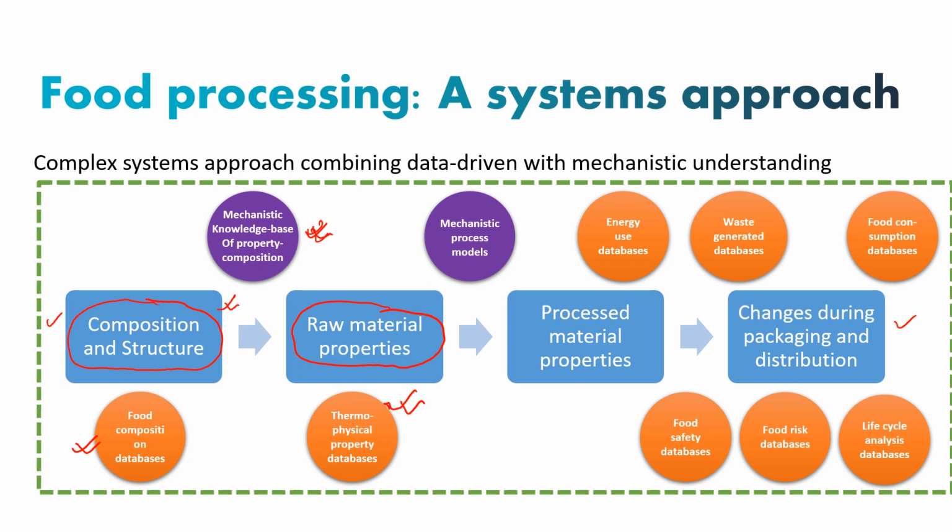Then the next thing, from raw material we go to processed material, and so we have mechanistic process models. In this case, there are many models in the literature that can predict the properties of the processed material from the raw material. So in this case, it could be a collection of models. Then during processing, we have energy use information, and energy use can be very varied, depending on a number of factors.